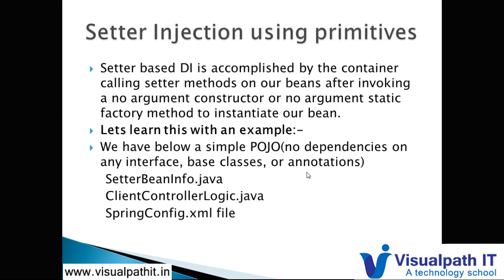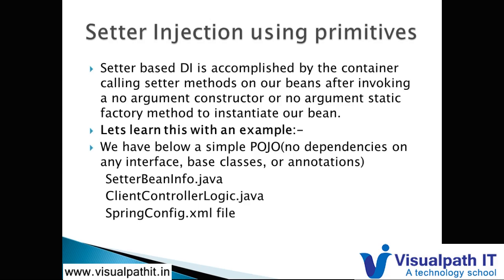The only thing we need to know first is the setter injection with primitives. It's one of the types of the Spring dependency injection. It's very popular as well, and we need a POJO for this. It's a simple POJO, getter and a setter, that's it. POJO means getter and a setter.